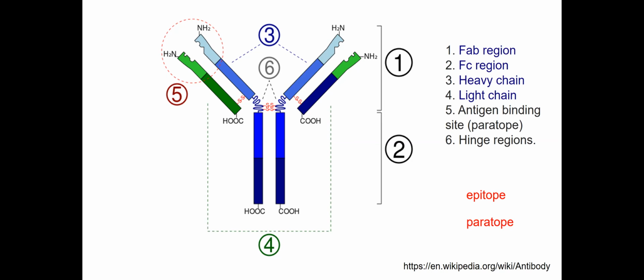Now, if you look at this antibody structure, which part is important? This part may help, but this is not. This is a constant part, may not be necessary. Even this part may not be necessary. If you wanted to make the antibody smaller and smaller, the most important part is this part, isn't it? If you just focus on this part, what can be the size of this part?